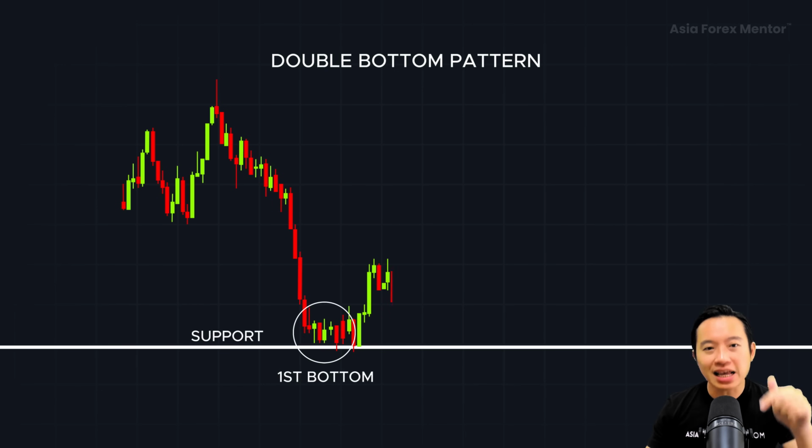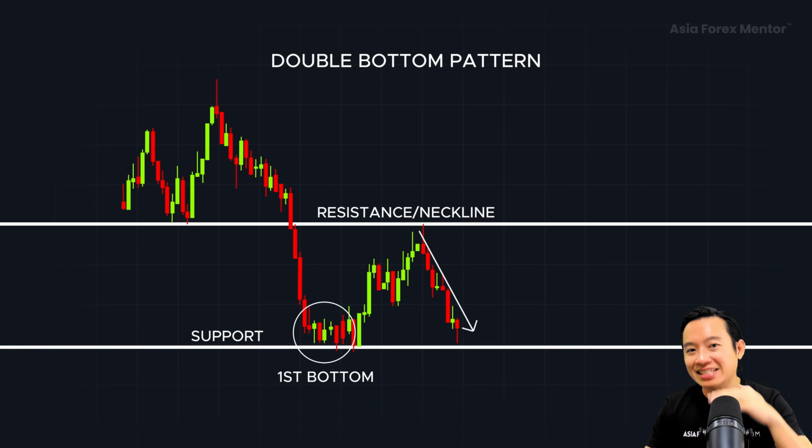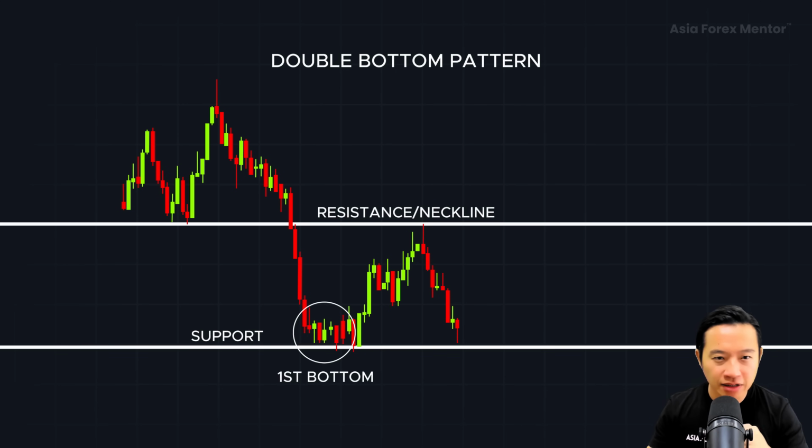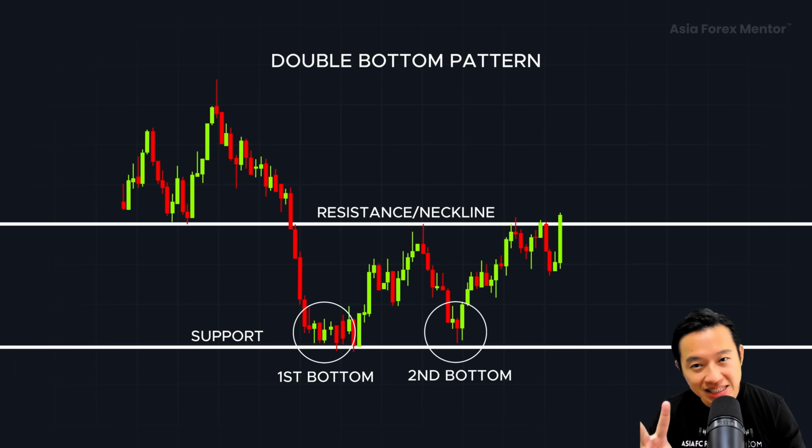It then bounces up to a resistance level, which is the neckline, but the sellers push it back down to test that support level again. When price fails to break through the support level and starts rising, our second bottom confirms the pattern.